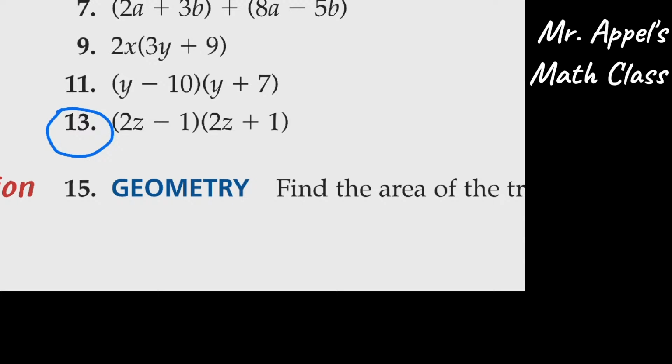I want you to start grabbing that minus sign, color it out, and scoot it over. Imagine moving all of your minus signs closer to the numbers, so that this is actually 2z plus negative 1.